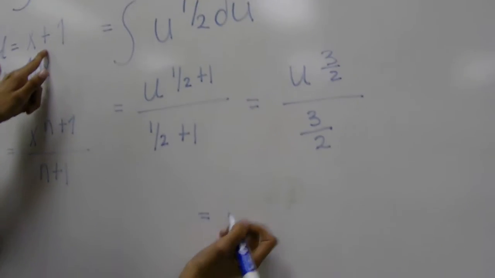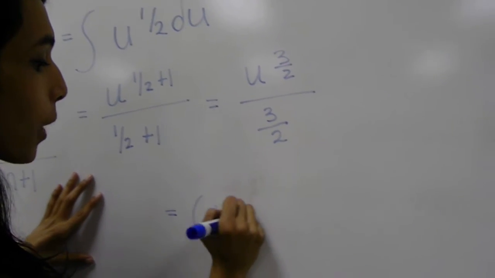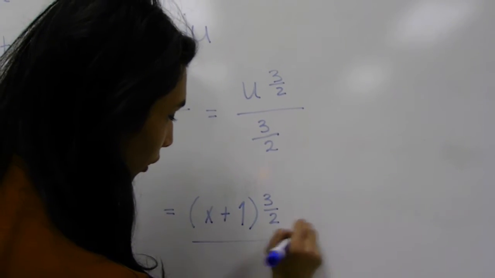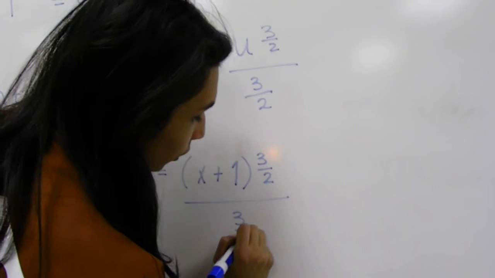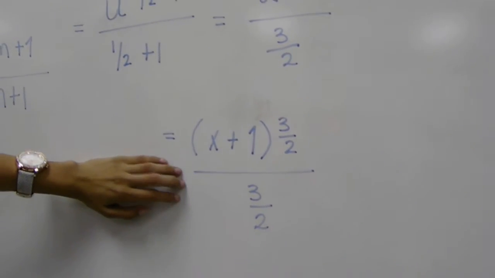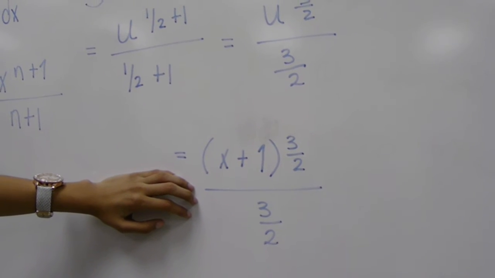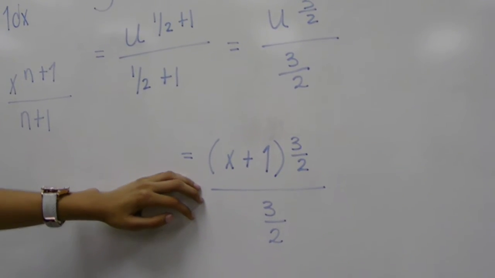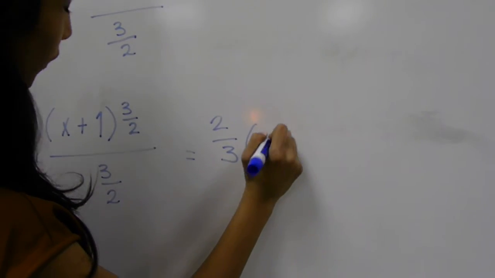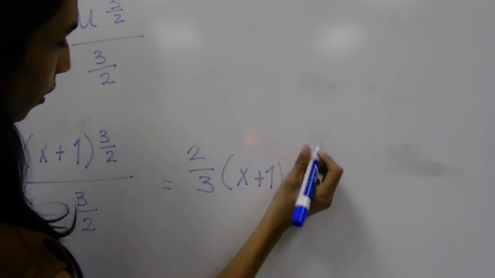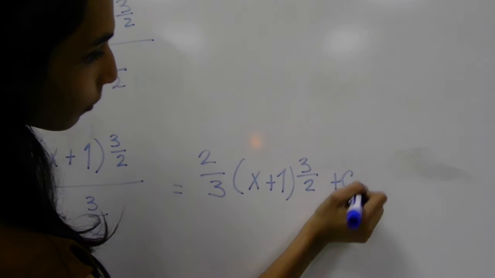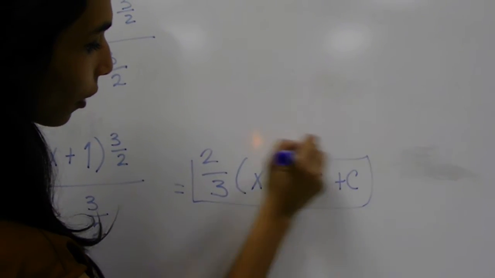So we go back and say (x plus 1) to the 3/2 divided by 3/2. Okay, that's our answer, but we can simplify it: 2/3 times (x plus 1) to the 3/2 plus C. Don't forget your constant. So that's going to be our answer.